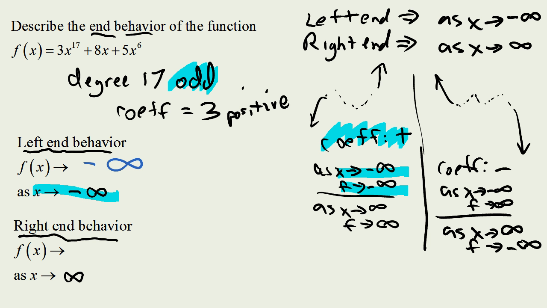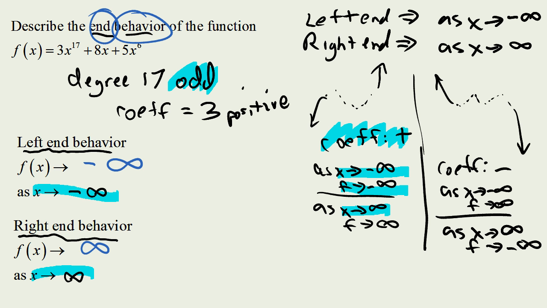And as x goes to positive infinity, that's the right end behavior, the function is going to go to infinity. And whatever it does in between, we don't really care. We're worried about the end behavior.